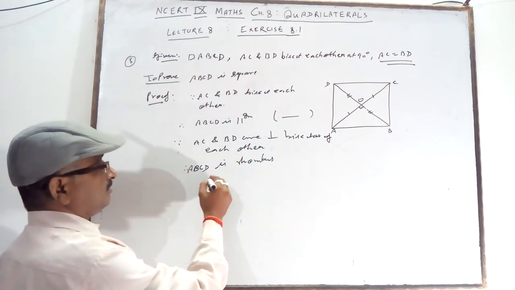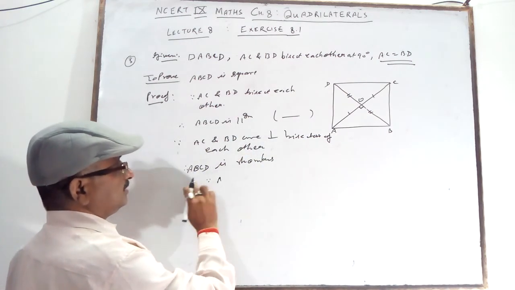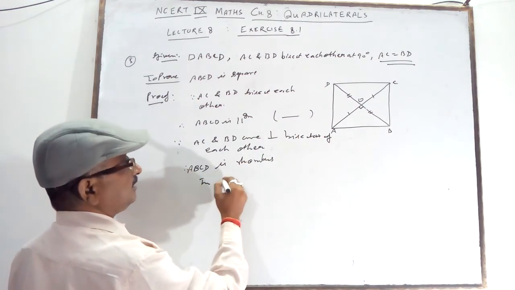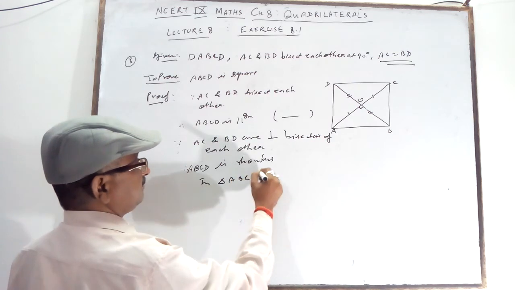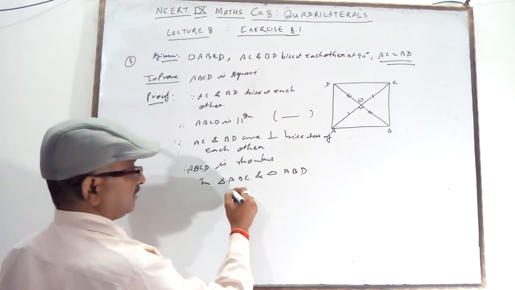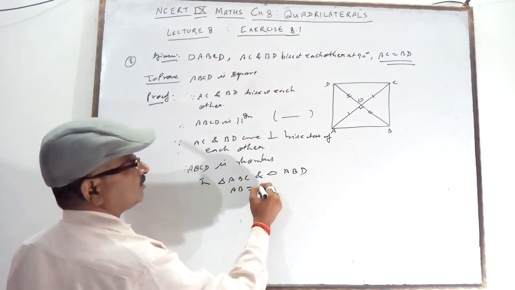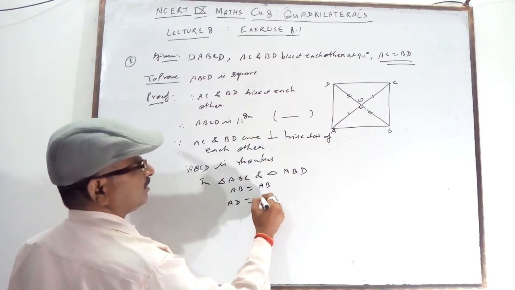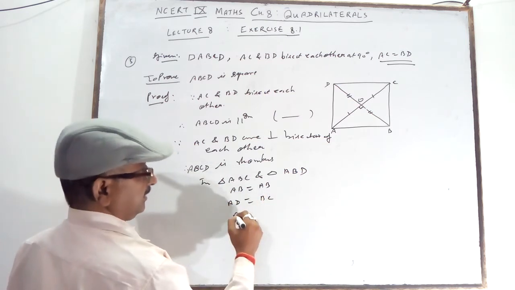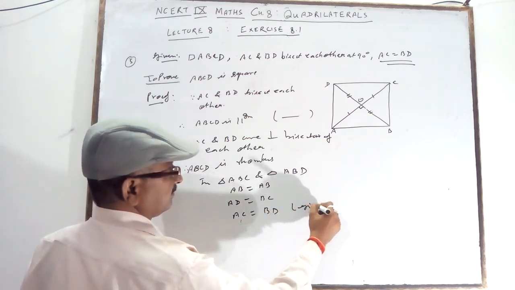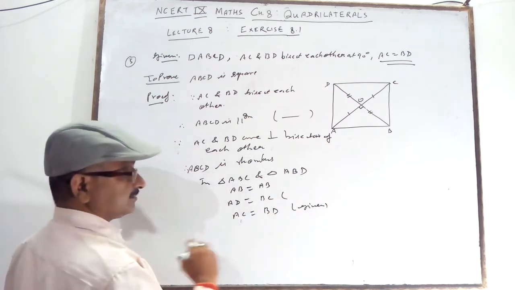And now because AC is equal to BD is given, you can prove in triangle ABC and triangle ABD: AB is equal to AB, it is common. AD is equal to BC, sides of a rhombus. And AC is equal to BD, it is given.